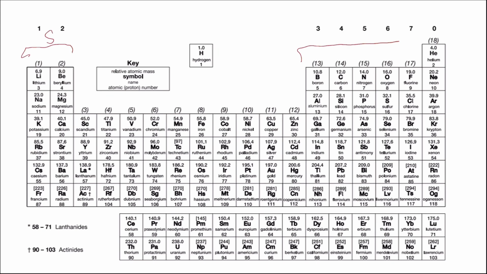And on the right here, these six, from 3 to 0, are the p block, which means the outer shell electrons are in the p subshell, and the s means the outer shell electrons are in the s subshell. And the ones in the middle here are the d block, or as we call them, the transition metals. So when you try to write the electronic configuration, you just need to locate where the atom is.